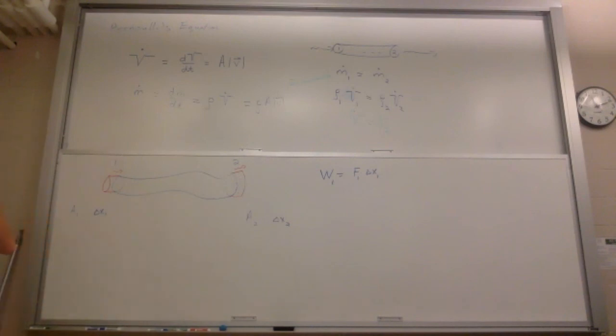That's a fine expression as long as the force is constant, which we would assume it is. Why is that not a convenient way to parameterize things if you're talking about water flowing in a garden hose? When I look at my garden hose, can you see the fluid? I can't see the fluid, right? It's hidden.